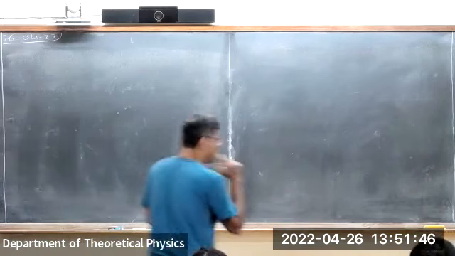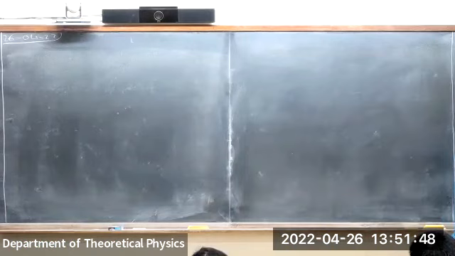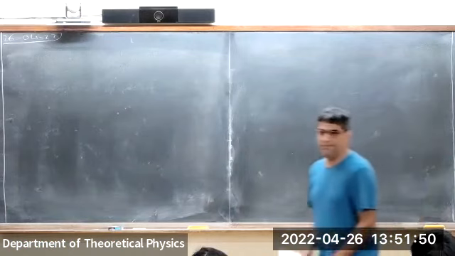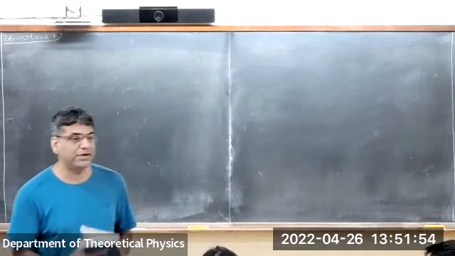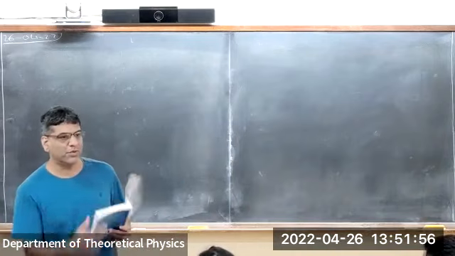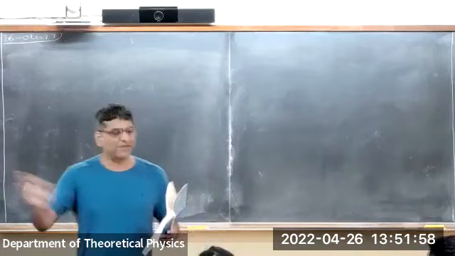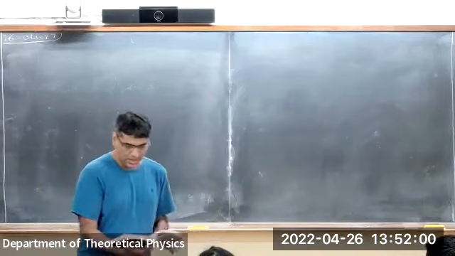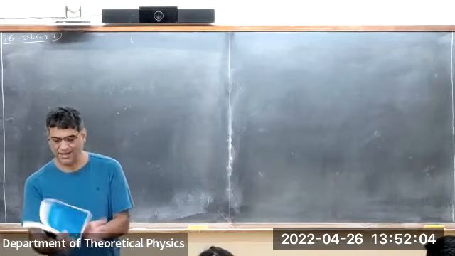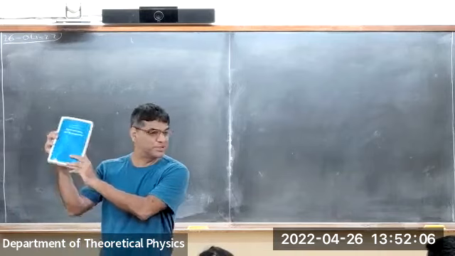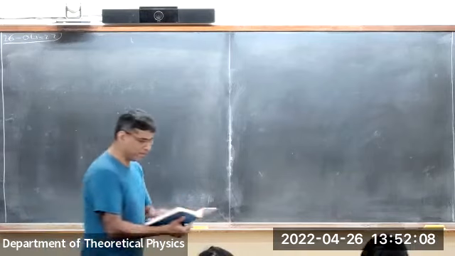Now there is an analogous procedure in every dimension, and what we're going to do is go through the procedure for that in 4 dimensions, so that we can write down the theories easily. For this part of the lecture, I'm following this book by Wess and Bagger called Supersymmetry and Supergravity.